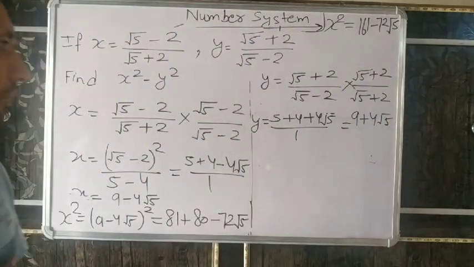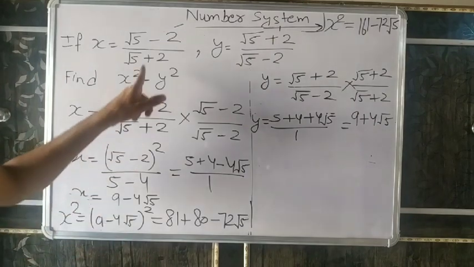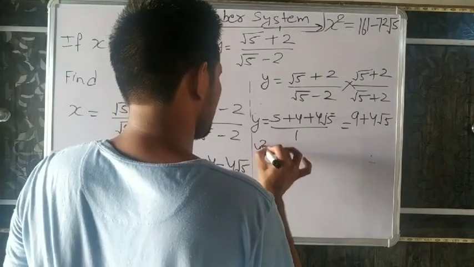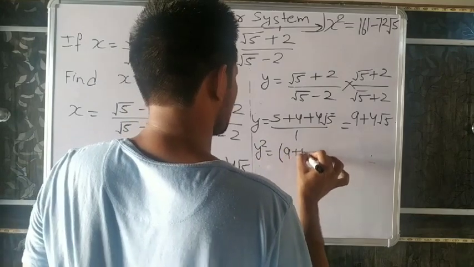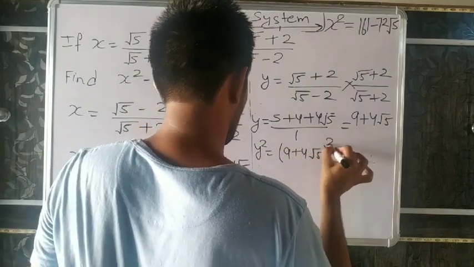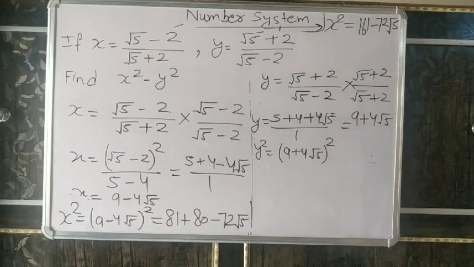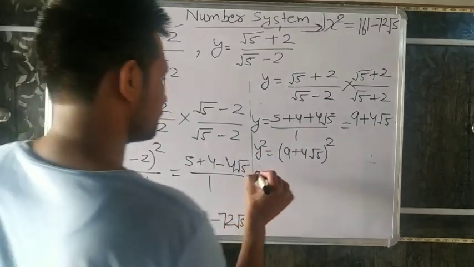Divided by any number, this one. Do you understand? Same as it is, y square is (9 plus 4 root 5) whole square.